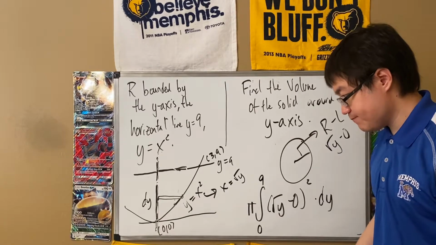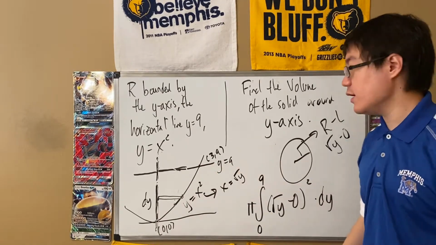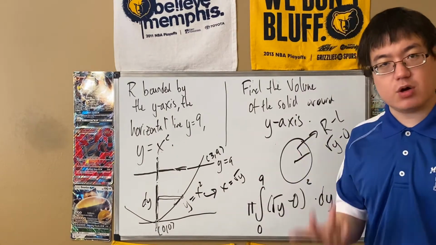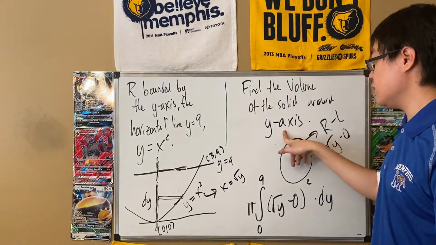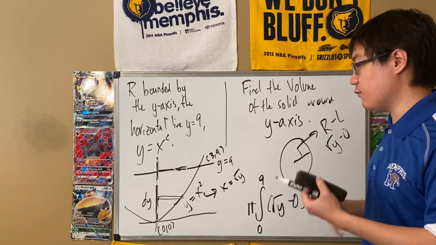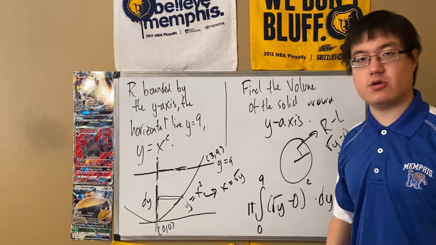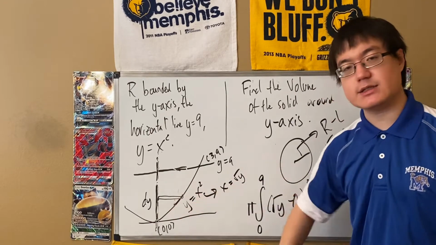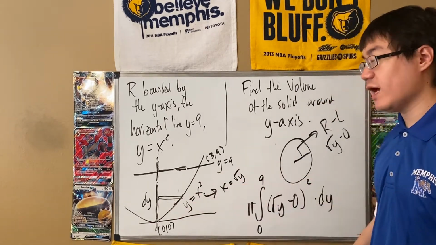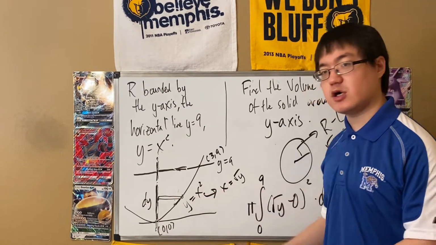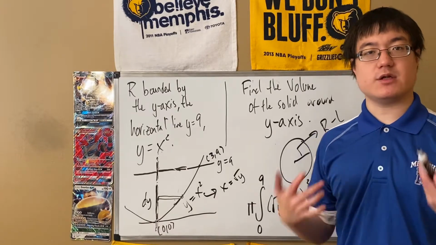Hopefully that makes sense. Again, when you have a dy rectangle, and we're doing a dy rectangle, we were forced to, maybe against our own will, because we are given a solid that we're rotating around the y-axis. You always draw a rectangle perpendicular to your rotation axis. So in this case, it is a dy rectangle. So once we have our dy rectangle, the first thing we did is we converted our functions to be in terms of y's, because everything has to be in terms of y's.